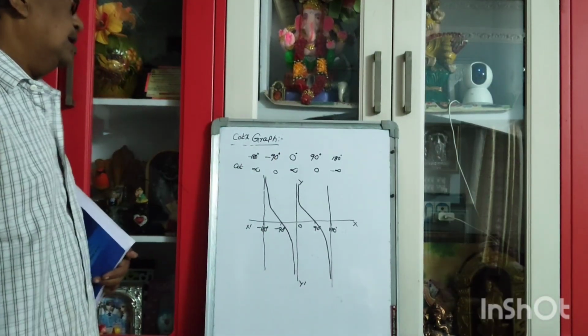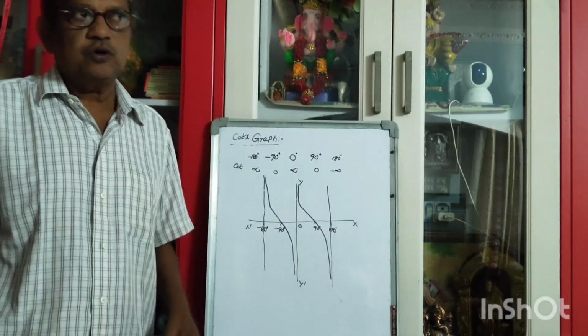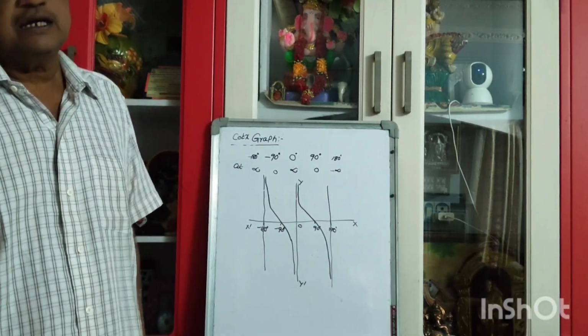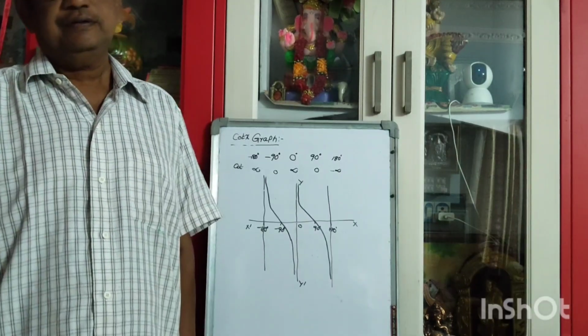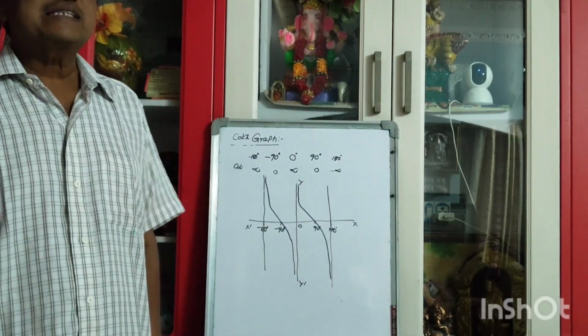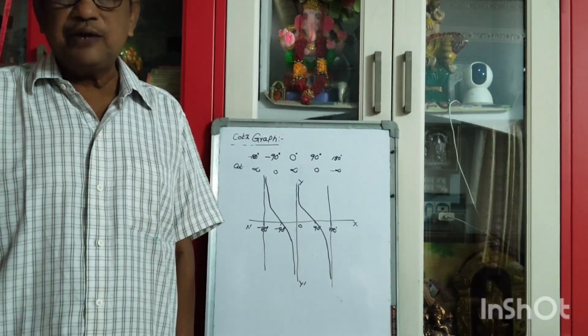That's all. These four are main graphs. There is no necessity of secant and cosecant x graphs for intermediate. Tomorrow we will discuss about the compound angles. Thank you, one and all.